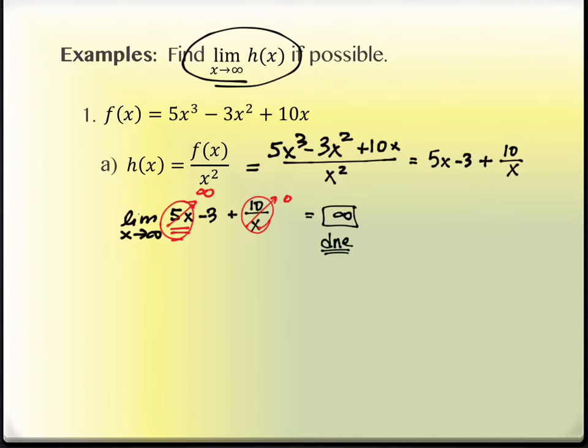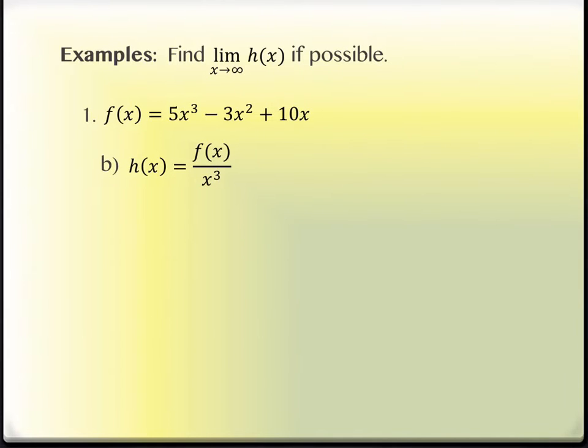Okay, we're going to change the direction slightly. We still have the same function on top, but on part B, we're going to be dividing it by x cubed instead of x squared. So we're going to go through the same process. We're going to have 5x cubed minus 3x squared plus 10x, and now we're dividing it by x cubed.